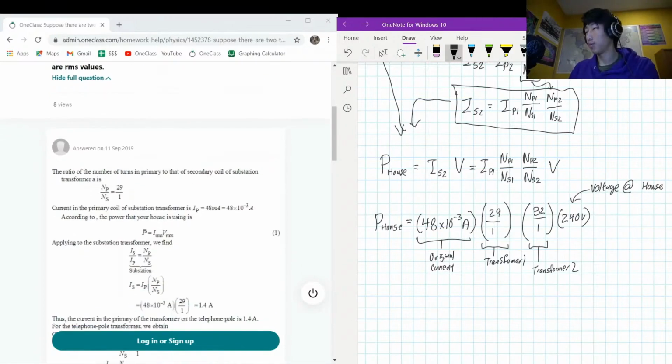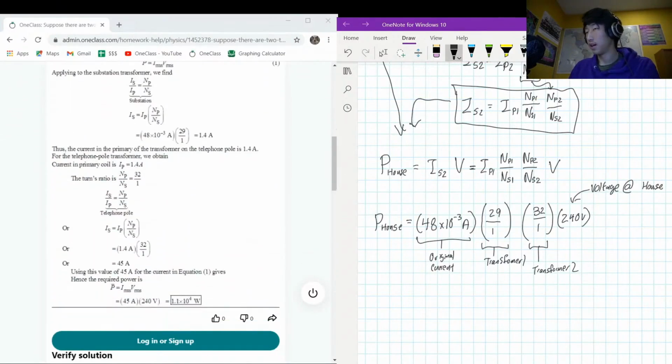Okay, so we just have to run this through our calculator, and that will be all that we need to do. So let's run that real fast. 48 times 10 to the power of negative 3 times 29 divided by 1 times 32 divided by 1 times 240, and my result for this is P house is equal to 10690.56 watts.